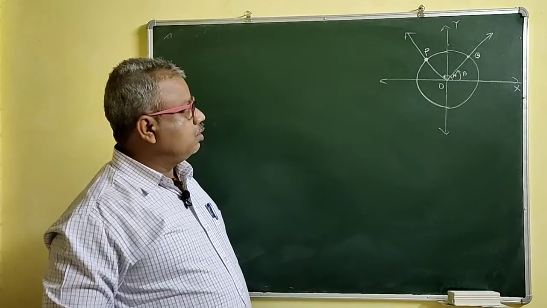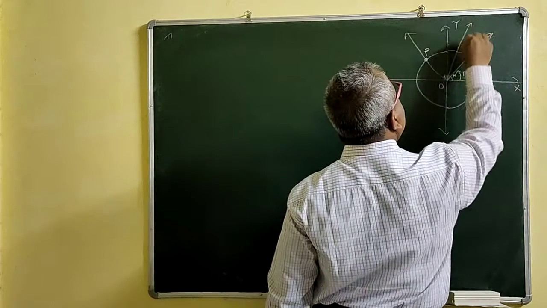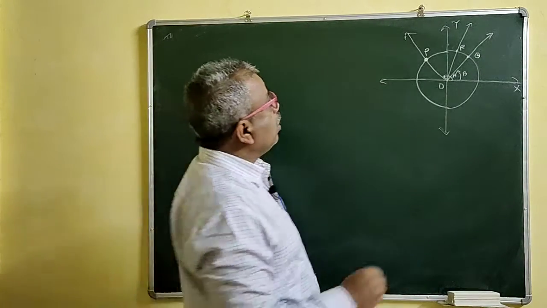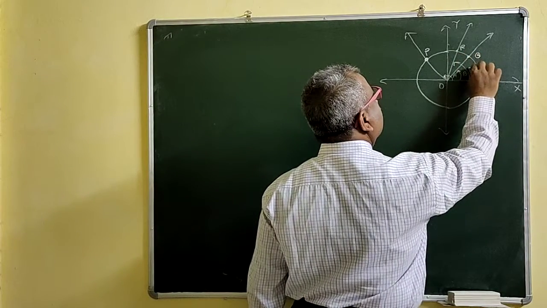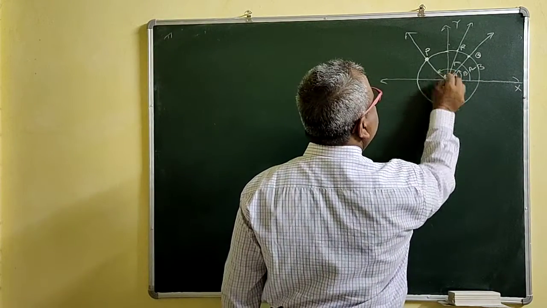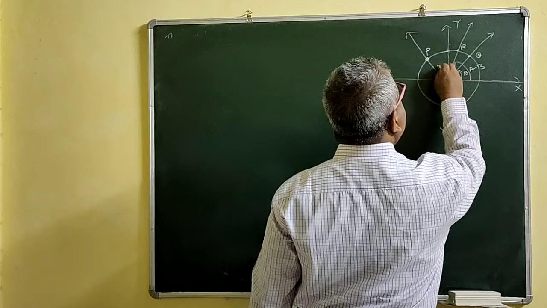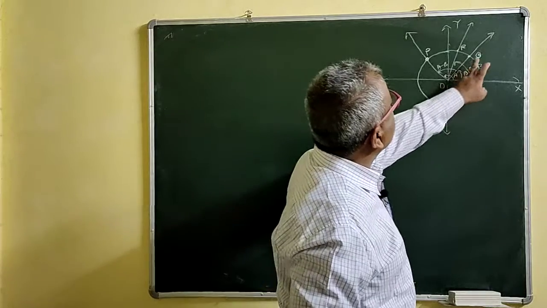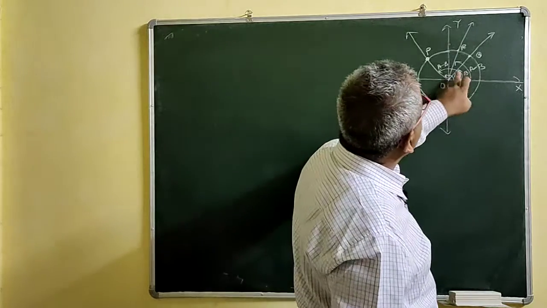Now somewhere we'll draw a point here, suppose R. Now this will be your A minus B. But this is also your A minus B. See, this part is your B and the full part is your A, so this is also your A minus B. That means angle QOP is A minus B, also in the first quadrant.